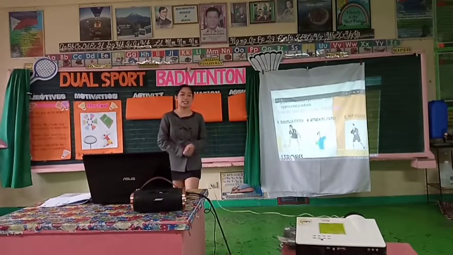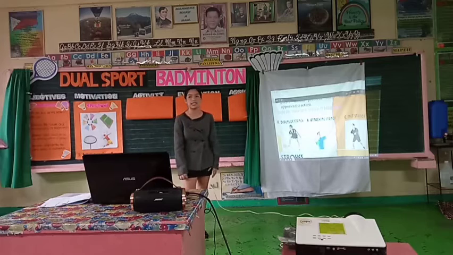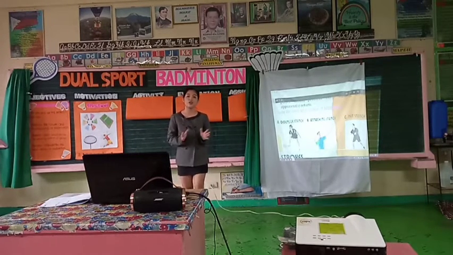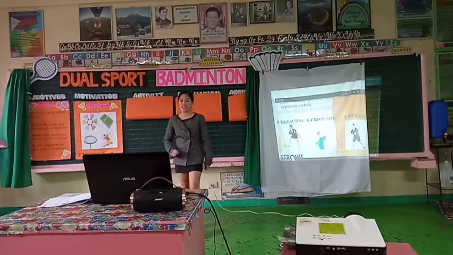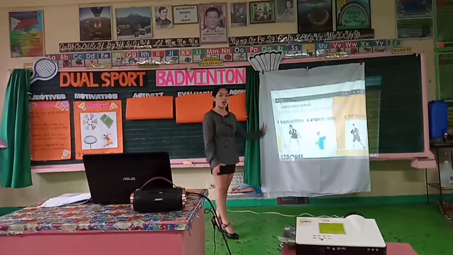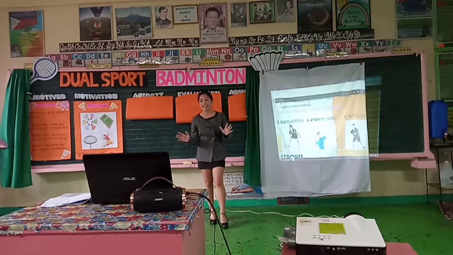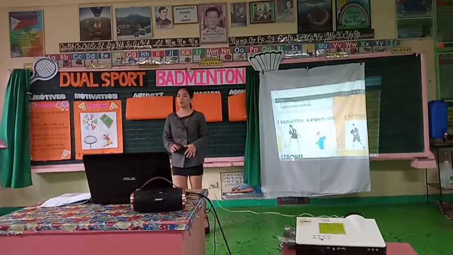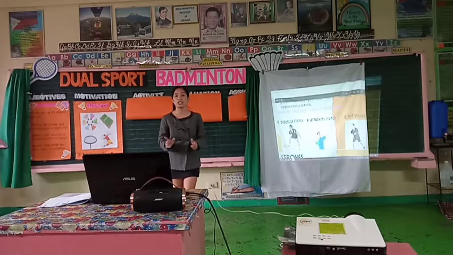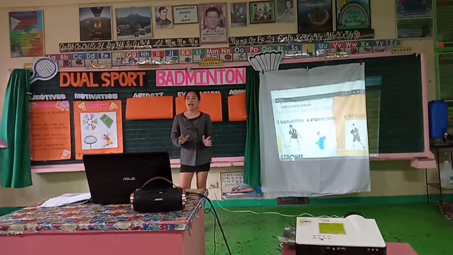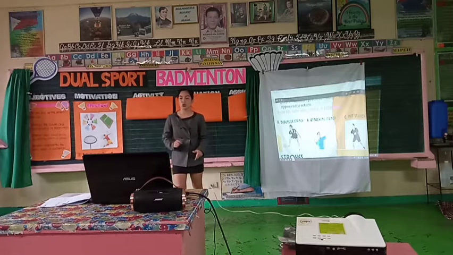Let us talk about the defensive stance. You can use a defensive stance to defend against the opponent's smashes. That is why you are going to have a defensive stance, to defend the opponent's smash. To take the defensive stance, you must have a defensive posture.